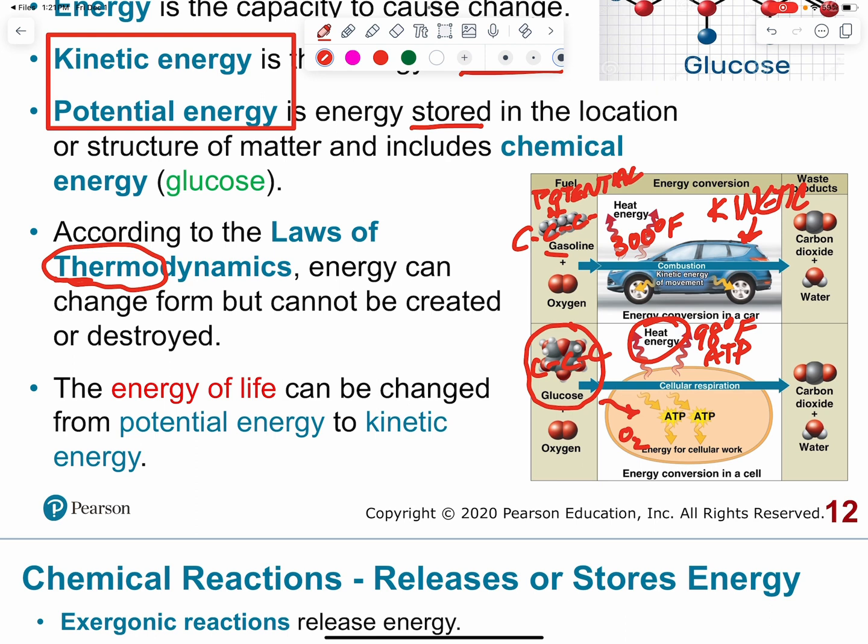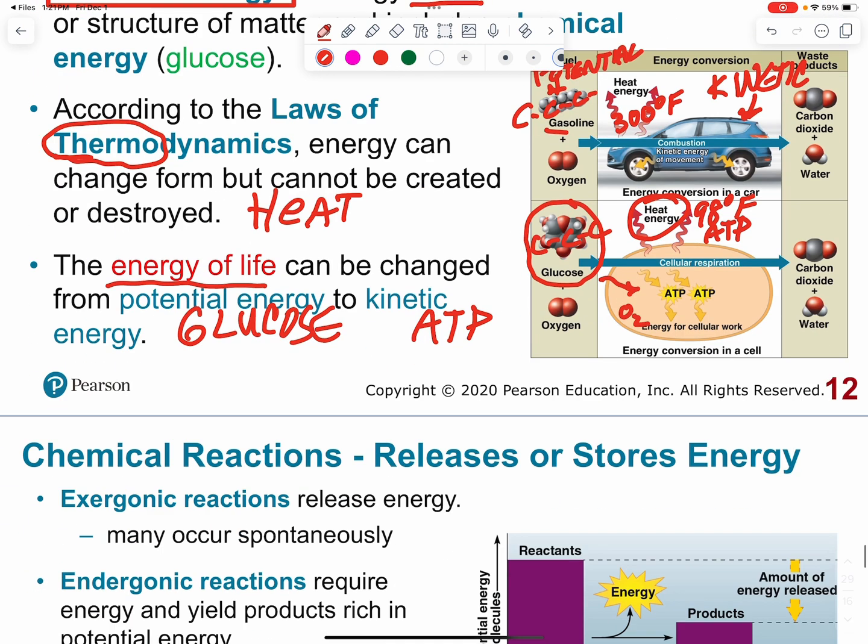And it is some of the energy from the potential energy that's lost in the form of heat. They have a percentage for the amount of energy efficiency that our mitochondria are at, but I've forgotten that number. It's interesting. You could Google it. So our glucose is the energy of life. It goes from glucose, which is potential energy, to the kinetic energy of ATP and the heat generated.